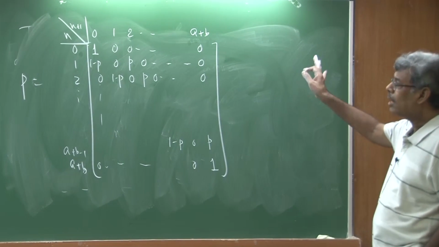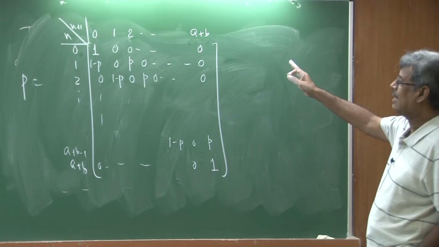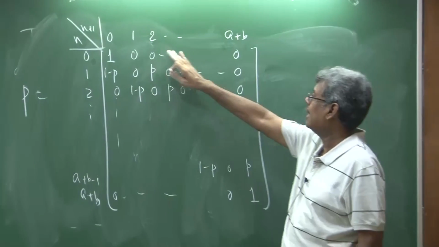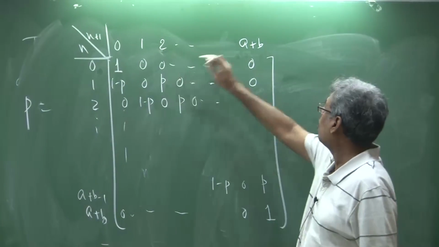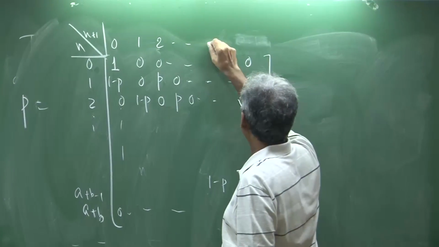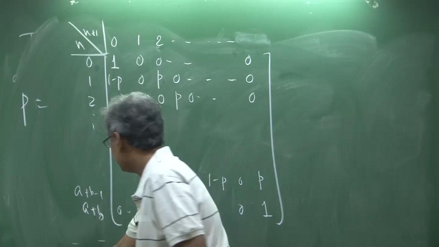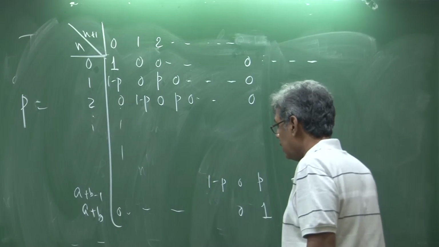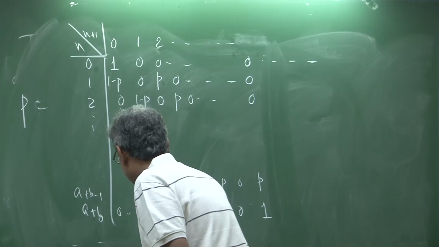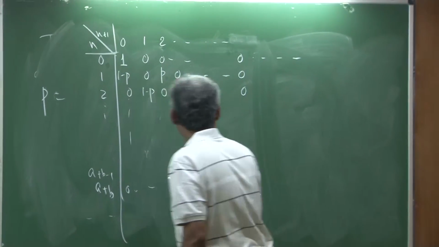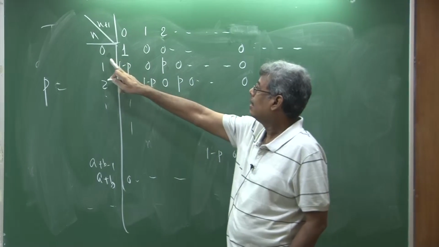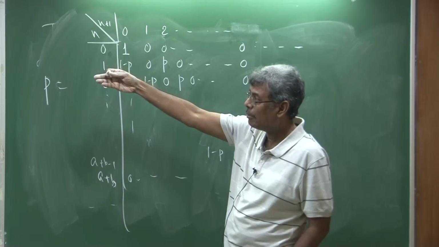So if one of the players has an infinite amount of fortune, you will see that it will basically go 0, 1, 2, 3. This is no more a finite matrix actually, but an infinite matrix. So it goes like this, and here also it goes like that. But one of them has a finite amount of money.